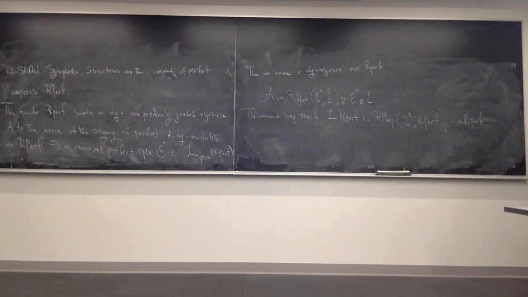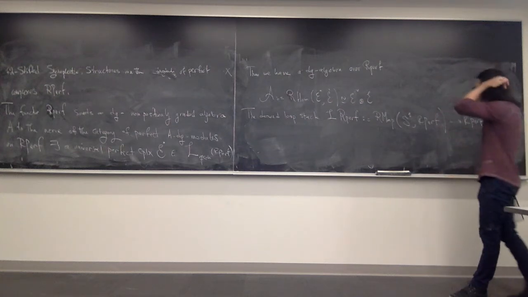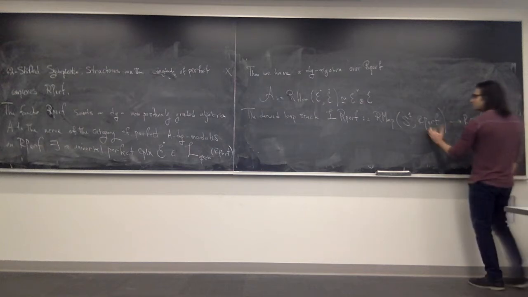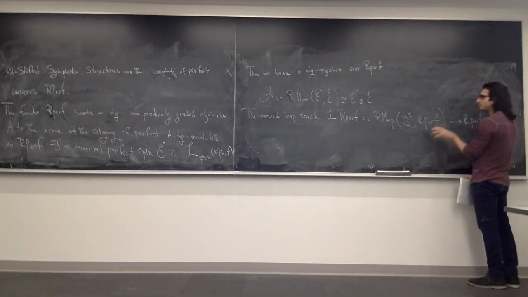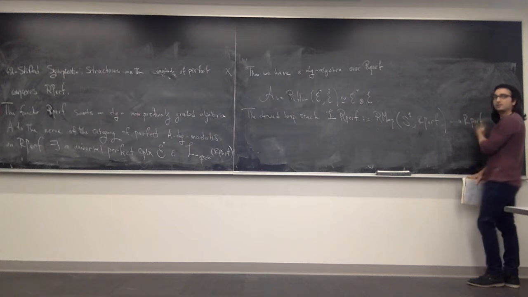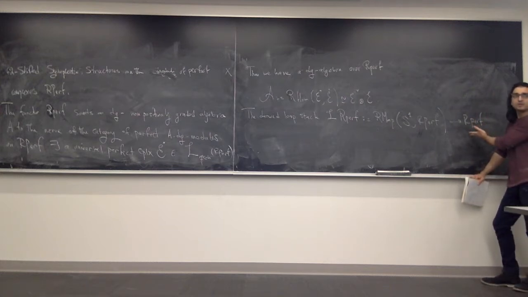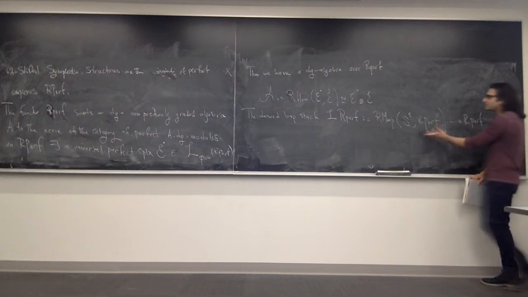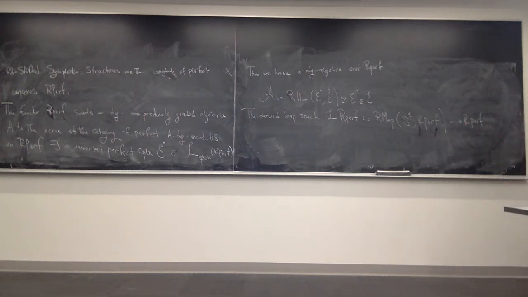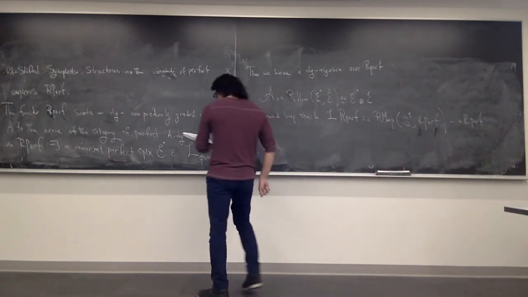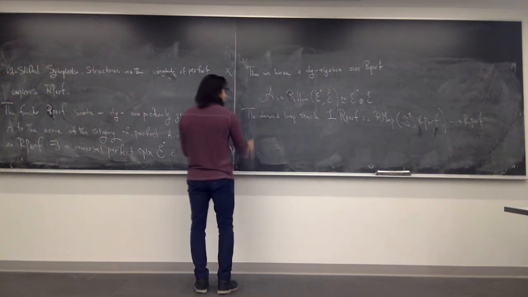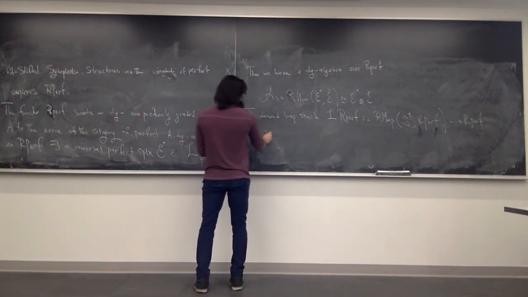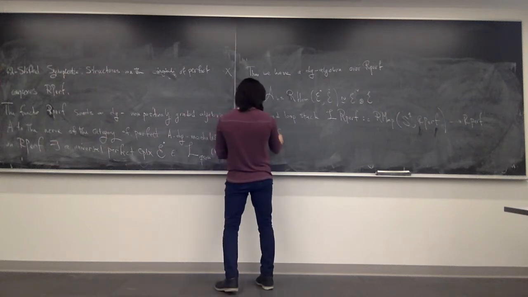I gave you a variety. I looked at the loop stack of that variety, and then we used the HKR isomorphism to show that via this map, pushing forward the structure sheaf of the loop stack recovers the de Rham algebra of our variety. Now we are replacing the variety with this stack of perfect complexes, a ginormous thing. So this is the loop stack for that.